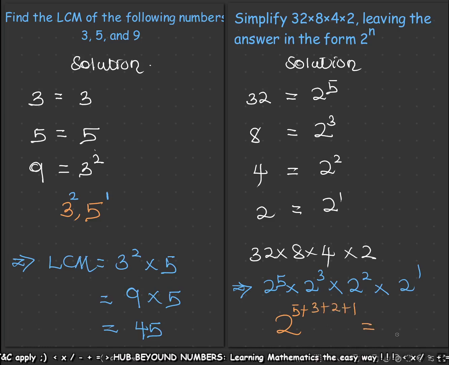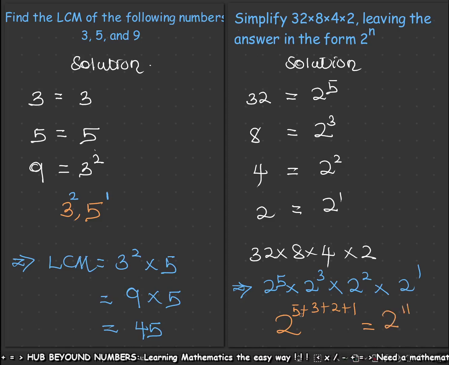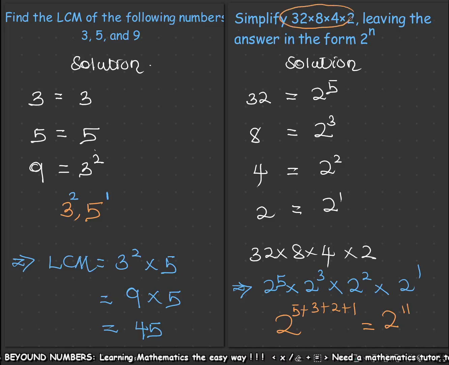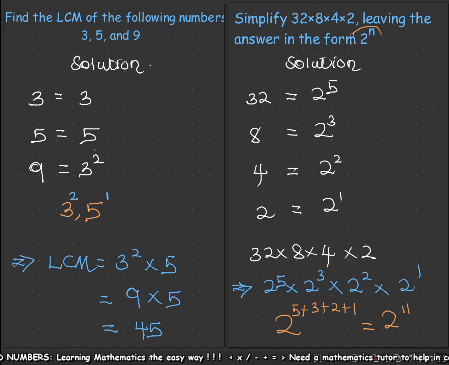And that gives us what? A 2 raised to the power 11. So if we evaluate all of this and we want to write the answer as 2 to the power n, we are going to get 2 to the power 11, where n is equal to 11. As simple as that.